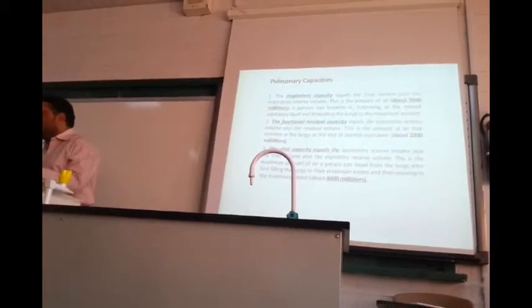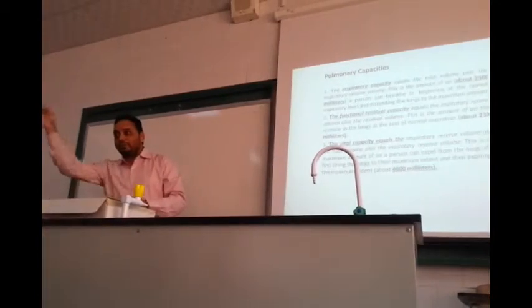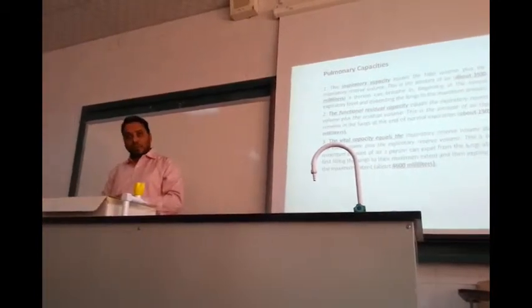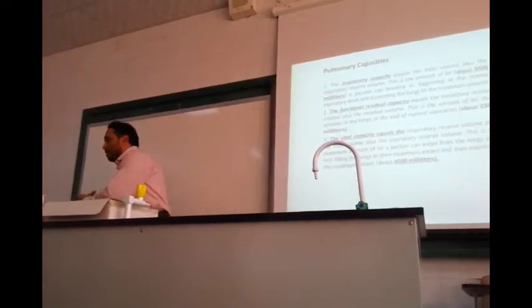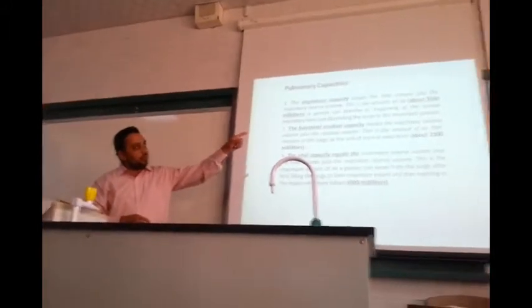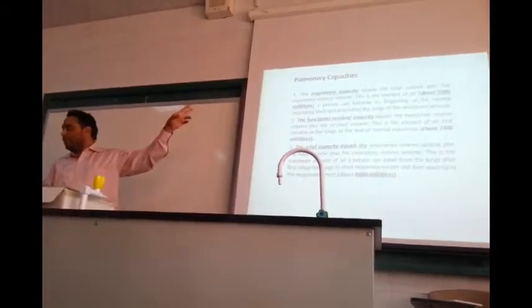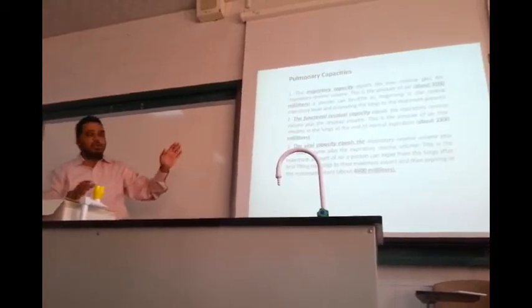Inspiratory capacity is normal tidal volume plus inspiratory reserve volume. So it will be 3000 plus 500, which is 3500. It is written there. Simple. Understood?